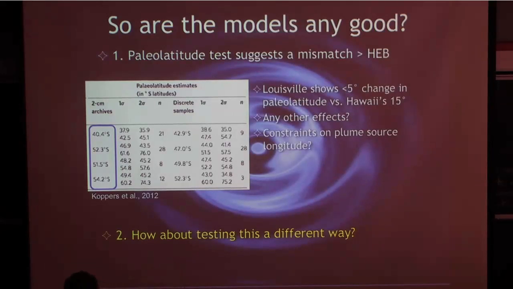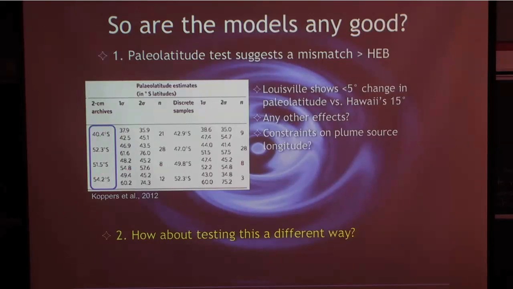The bottom line that they argue is that within the Louisville chain, the suggested shift in paleo-latitude as you go past that Hawaii-Emperor Bend point towards the trench is that the actual latitude of the erupted basalts only changes on the order of a couple of degrees, whereas in Hawaii it's 15 degrees. So if that's the case, it doesn't matter whether you believe what Steinberger does or any of the models for plume motion that Tarduno puts up.